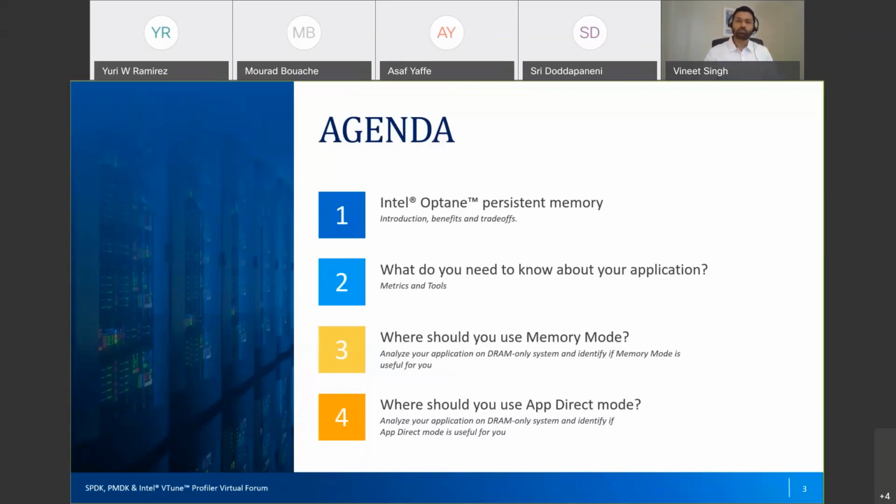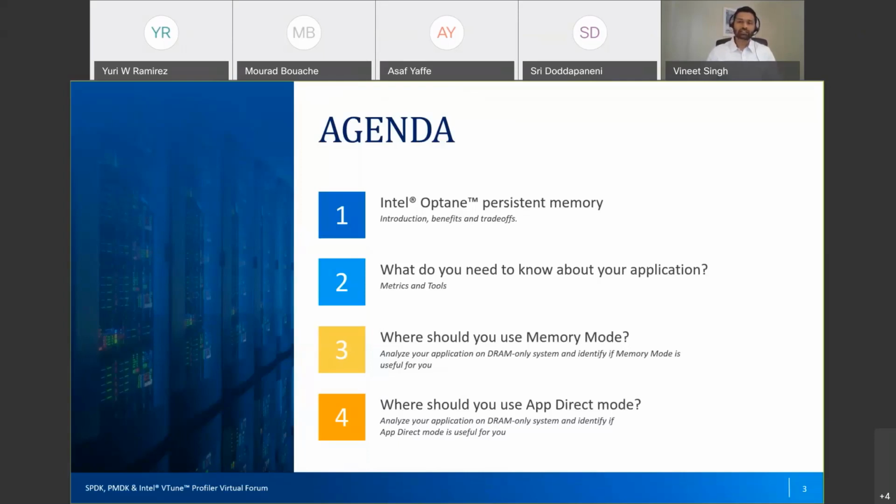So what I'm going to do is I have divided the most common use cases into these two categories. And I'll give you an example of some of the use cases that you can detect before you actually have the hardware. Obviously, you want to know if this particular technology will help you even before buying it.